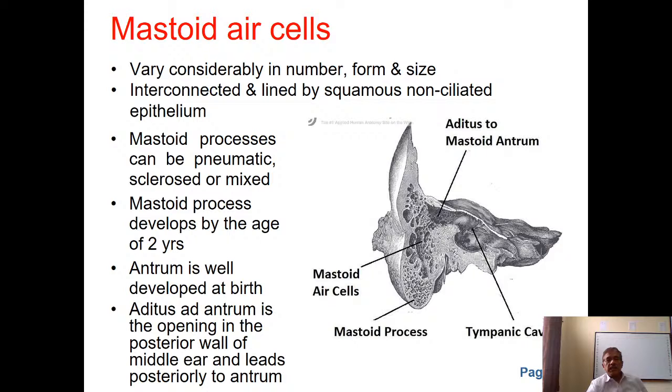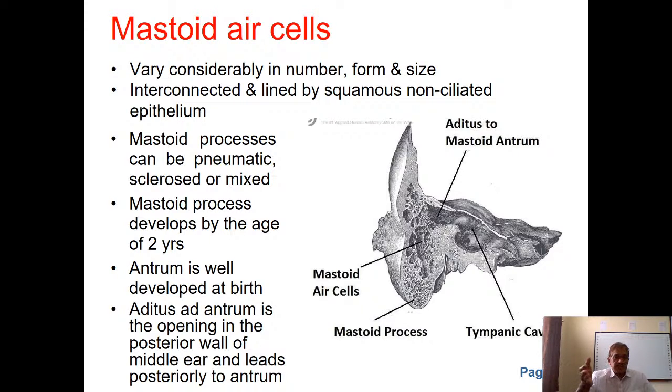If you see the mucous membrane of the middle ear cavity, it is continuous with the nasopharynx, the respiratory epithelium, pseudostratified ciliated columnar epithelium.